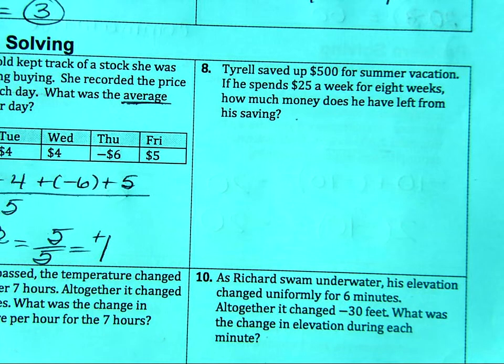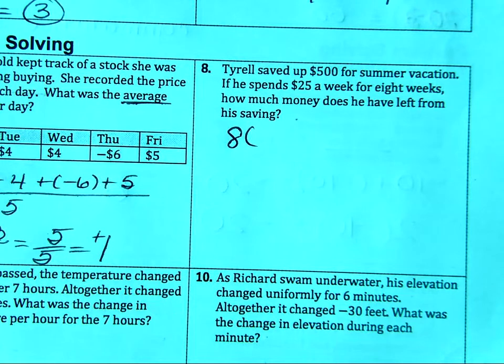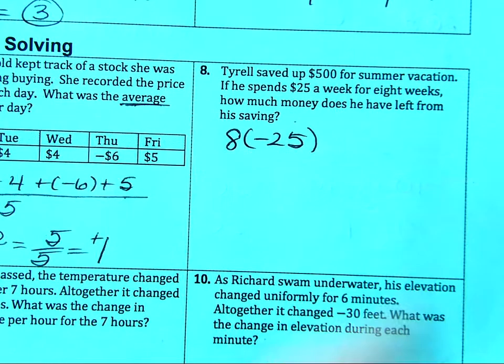So this is a multi-step problem. What do we need to figure out first? Yes. Well, not 8 times 25. 8 times he spent it. Yes. So how much money is left in his envelope? A negative amount. Or a negative number was taken out. If you spend $25 8 weeks in a row, how much did you spend?